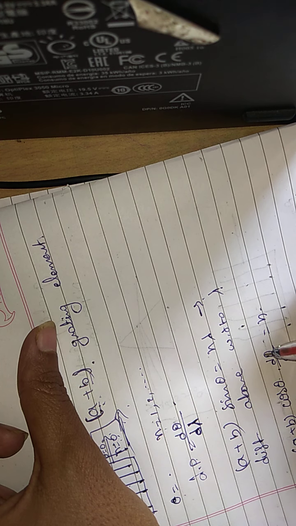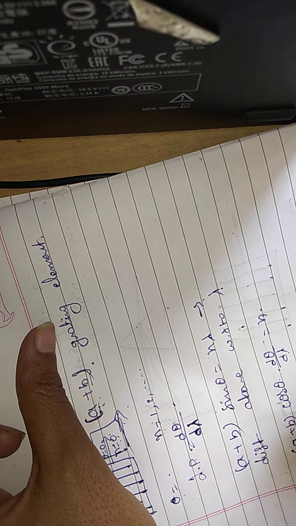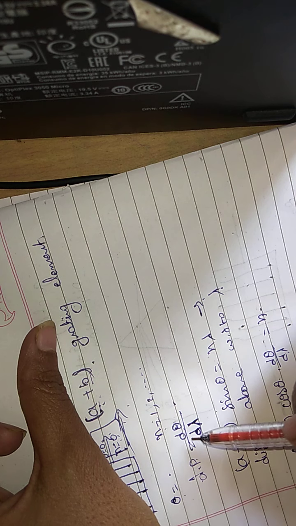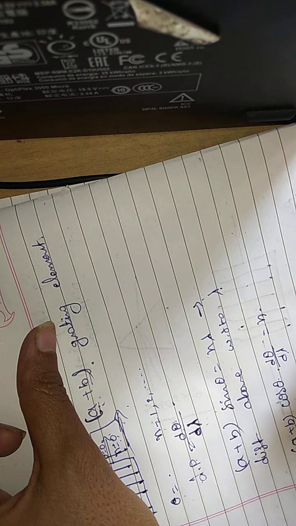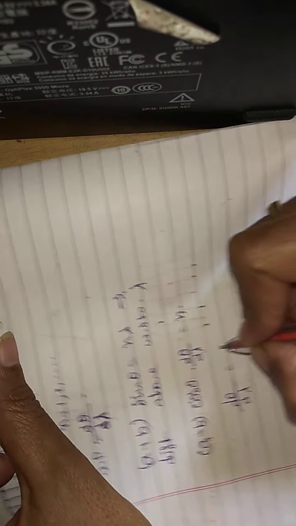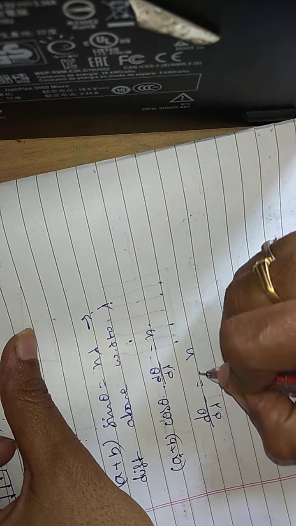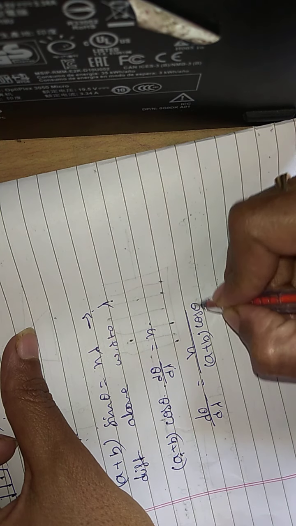Therefore (a plus b) cos theta d theta by d lambda equals n. Dispersive power is d theta by d lambda, so d theta by d lambda equals n divided by (a plus b) into cos theta.